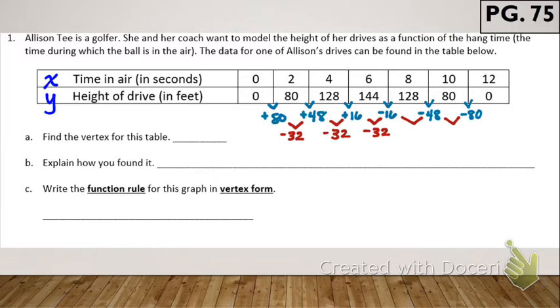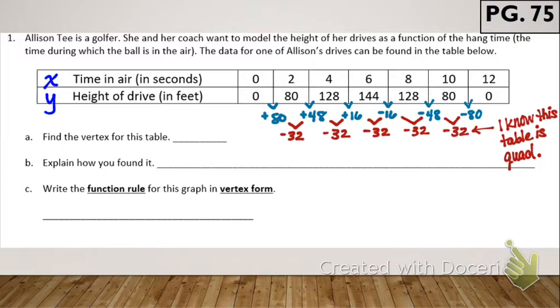Those are a distance of 32 units apart on the number line, and it's getting smaller, so we'd say minus. From negative 16 to negative 48, that gets smaller by 32. And from negative 48 to negative 80, that gets smaller by 32. That's how I know this is quadratic. Yep, the second differences are an equal distance apart.